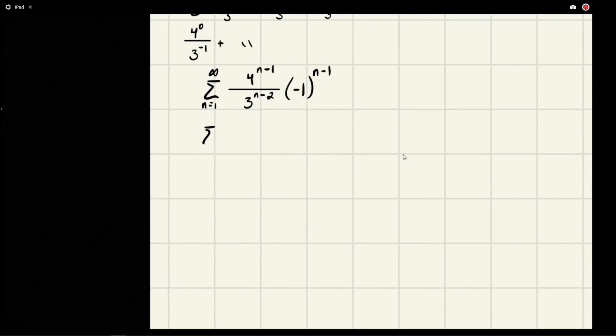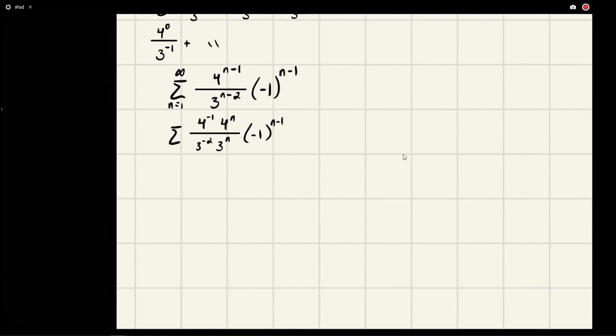So this is the same thing. I'm just going to write sigma from here on. Just know that n is 1 and we're going to infinity. This is the same thing as 3 to the negative 2 times 3 to the n, and this is the same thing as 4 to the negative 1 times 4 to the n. And then, of course, we have the negative 1 to the n minus 1. The negative 1 to the n minus 1 isn't going to matter as much.